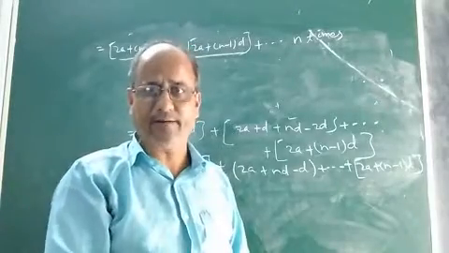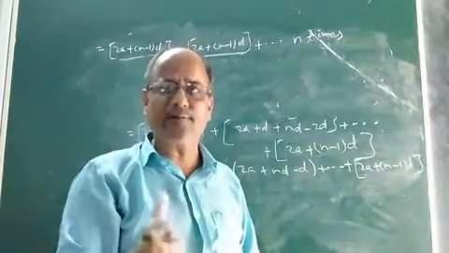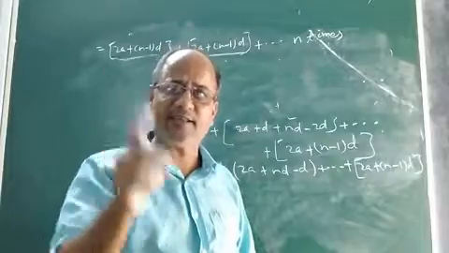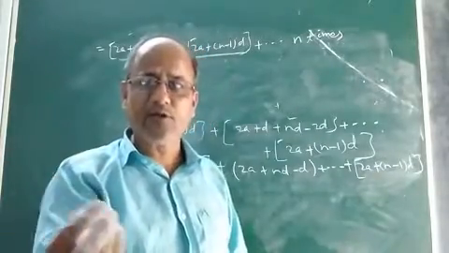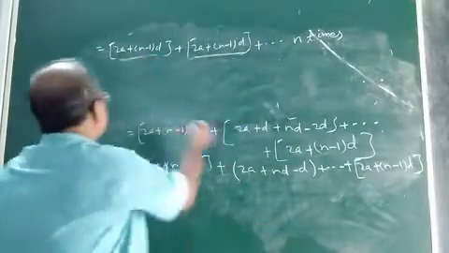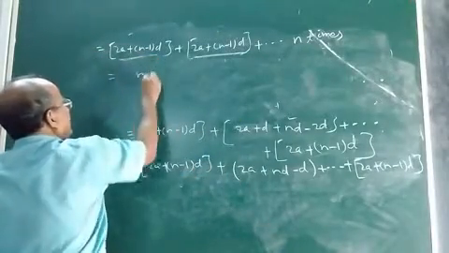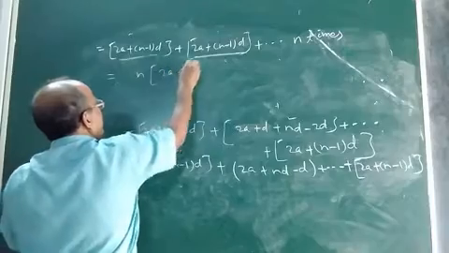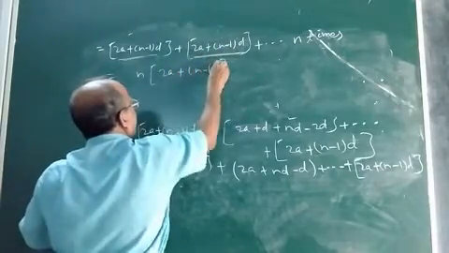Definitely 5 into n. If we add 5 two times, it is 5 into 2. If we add 6 three times, it is 6 into 3. So, as we are adding this expression n number of times, this will be equal to n into 2a plus n minus 1 into d.